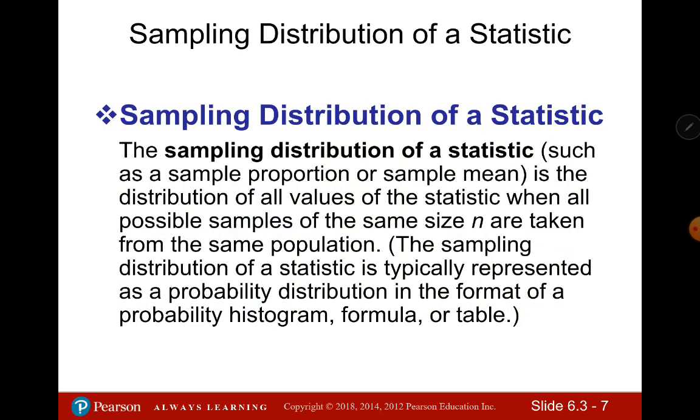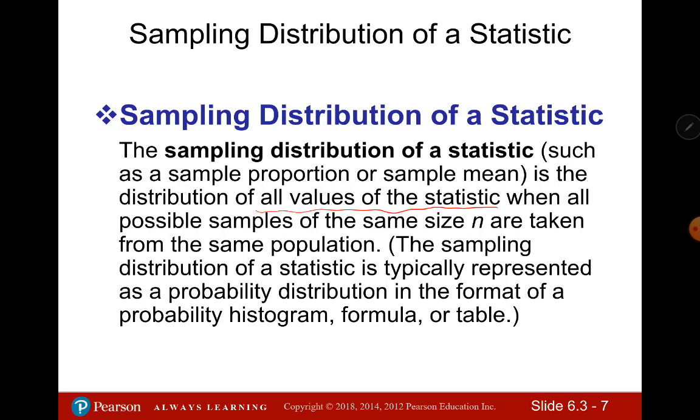So the sampling distribution is just the distribution of all the values of a statistic. It's not the distribution of the original data values. If we are talking about a sampling distribution, we are actually talking about the distribution of all the sample means, all the sample proportions, all the sample variances.